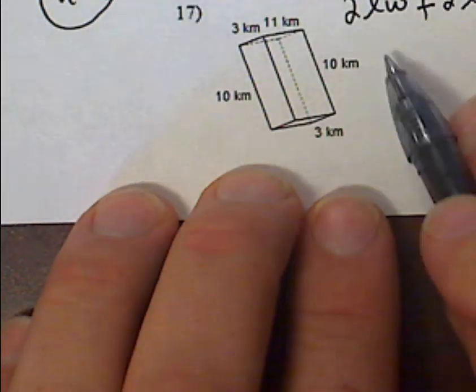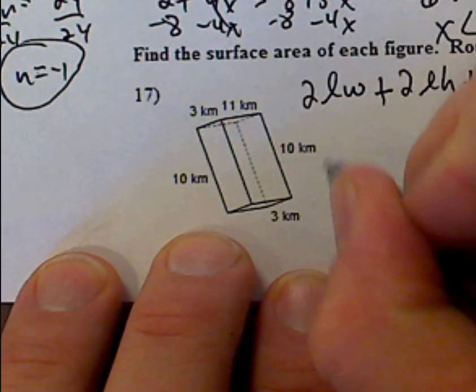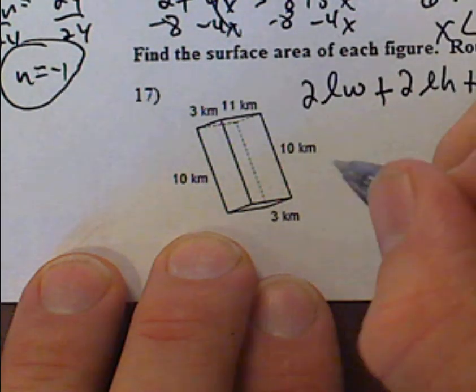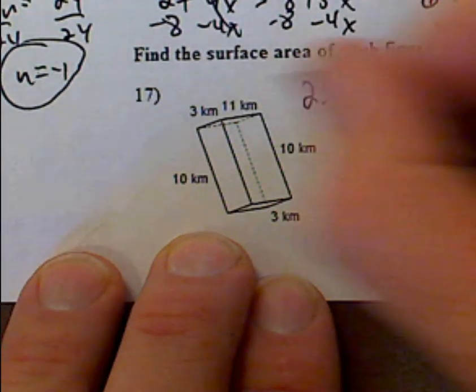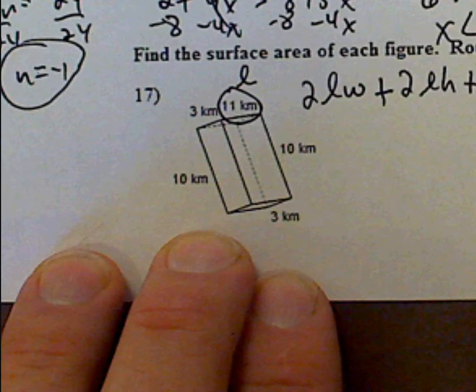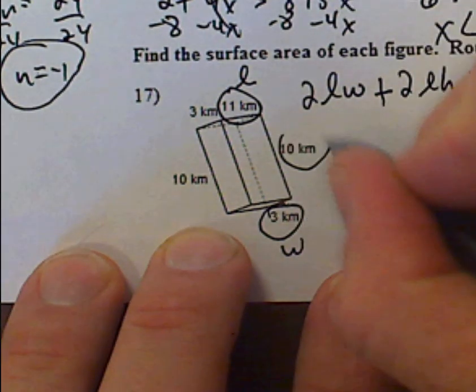So if I were to plug in, I would go ahead and plug in to my length. My length is 11. So I'll make this my L. I'll make my width be 3, and I'll make my height be 10.